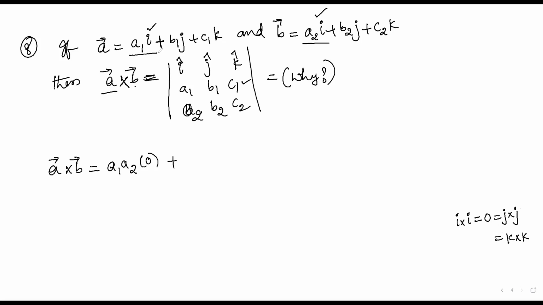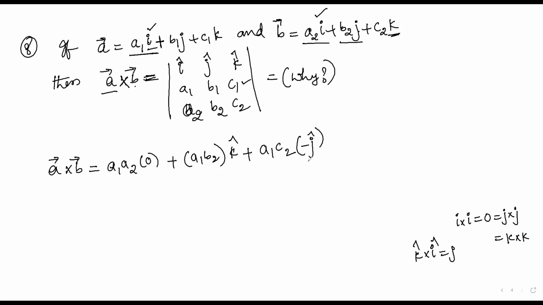So next, this into B2. A1 B2 into I cross J, which is K. Plus next A1 C2 into I cross K. I cross J is K. I cross K, you know K cross I is J, so this is minus J. Understand this.